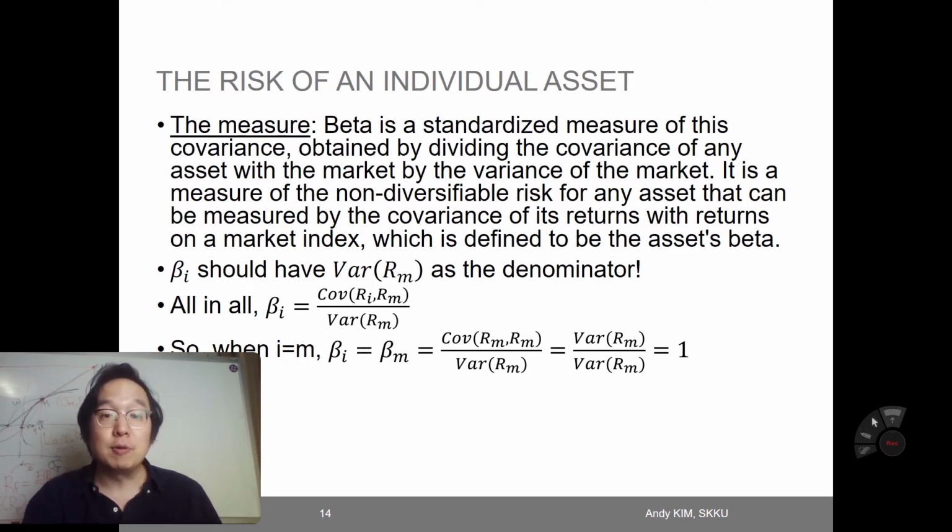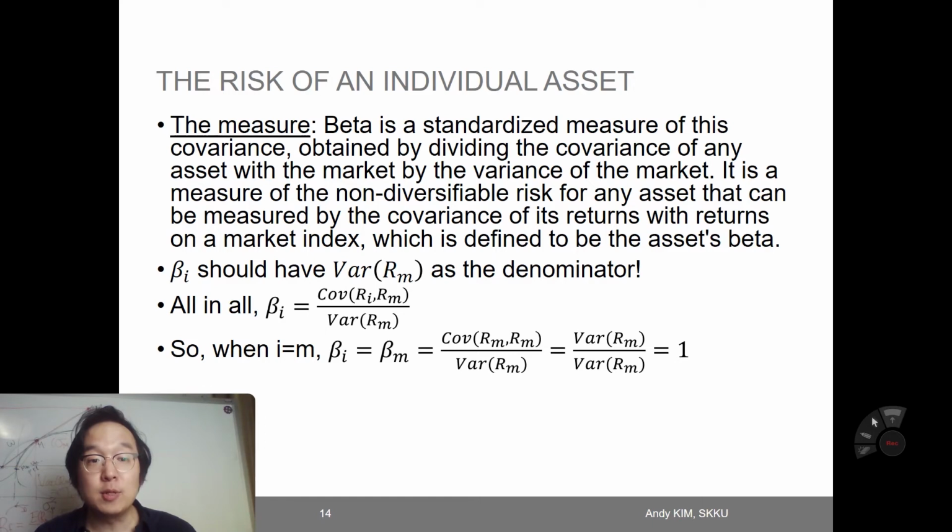When I equals M, then beta I should be beta M, just simple mathematical replacement, all right? And then beta of M, how would it be? The covariance of Rm on itself, which is variance, right?